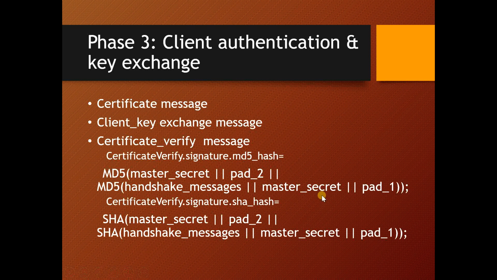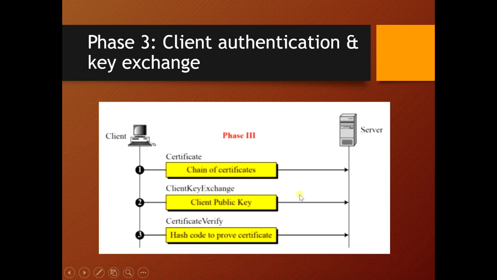If the user's private key is DSS, it is used to encrypt the SHA hash. If the user's private key is RSA, it is used to encrypt the concatenation of MD5 and SHA. With this message, the CertificateVerify.signature, we complete phase 3 of the handshake protocol.